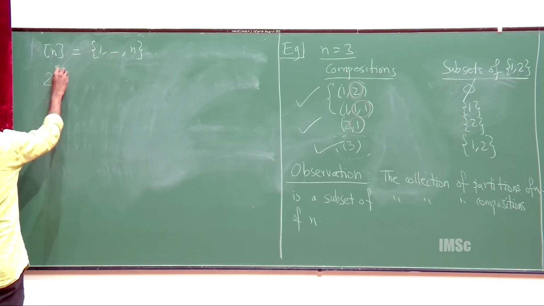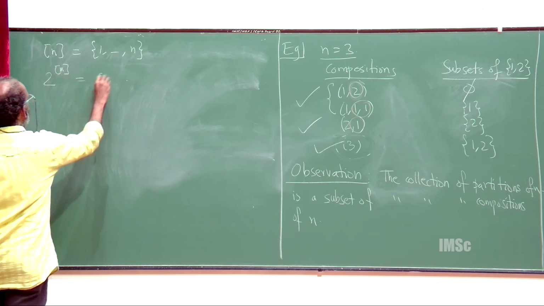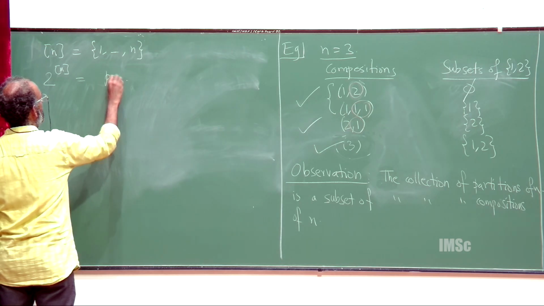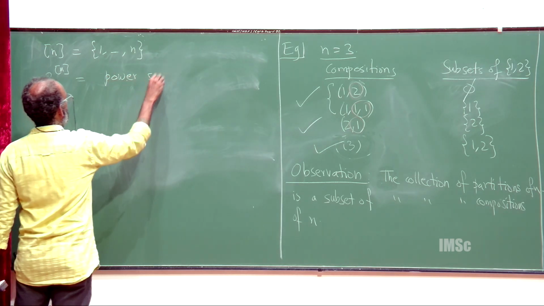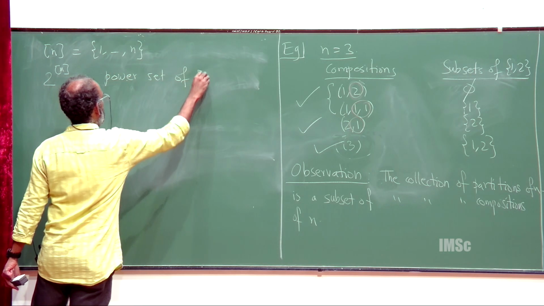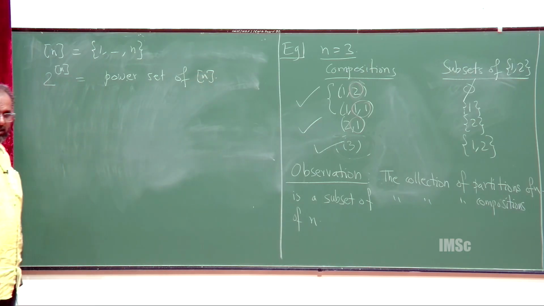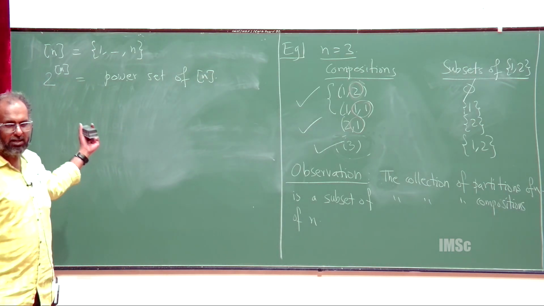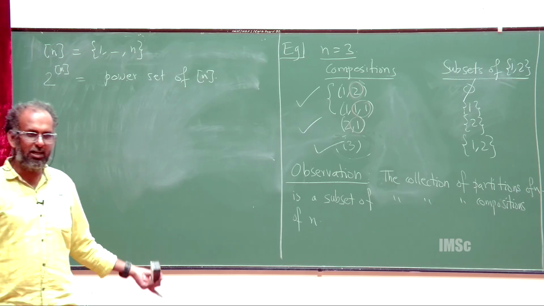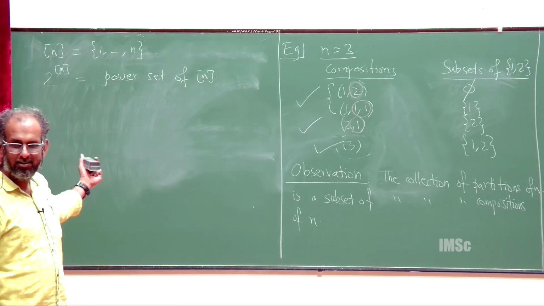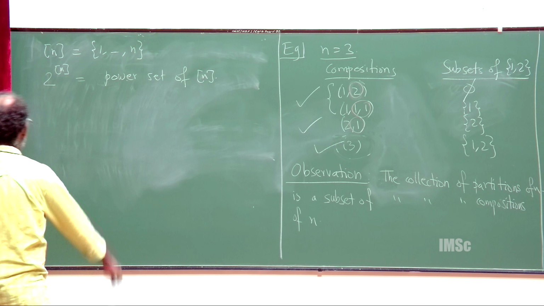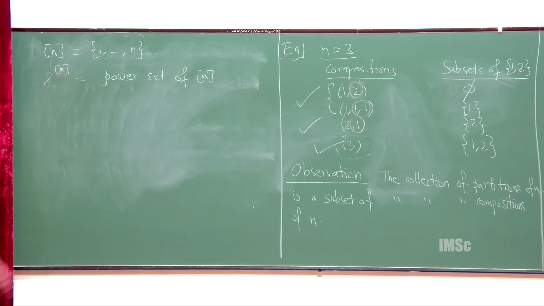And 2 power box n is the power set of box n. Because what is the cardinality of this power set? 2 power n. So we write it this way. So we just remove the brackets, you will get the cardinality.